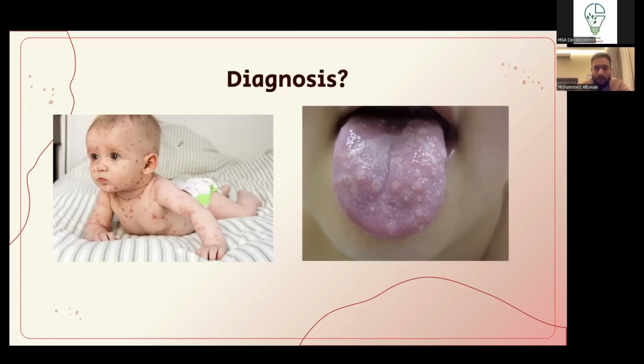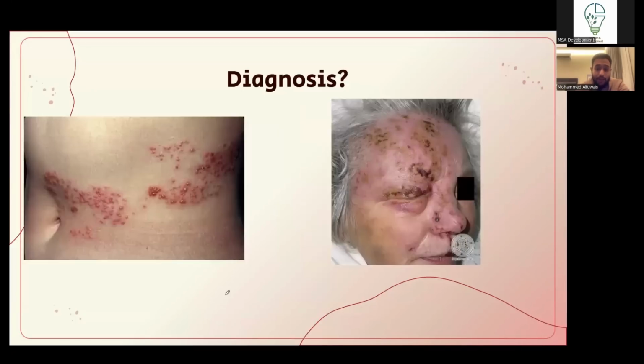It has a very good prognosis in children. However, if chickenpox happens in adults, it's bad. It causes encephalitis and pulmonary disease. But yeah, we have a vaccine for it. Easy.